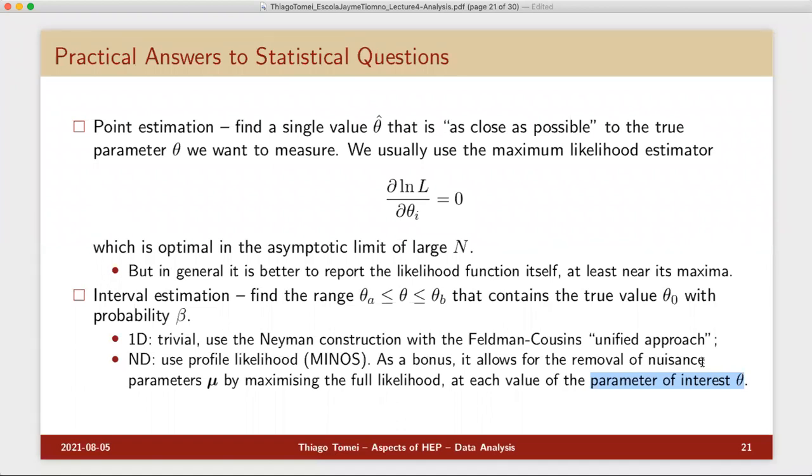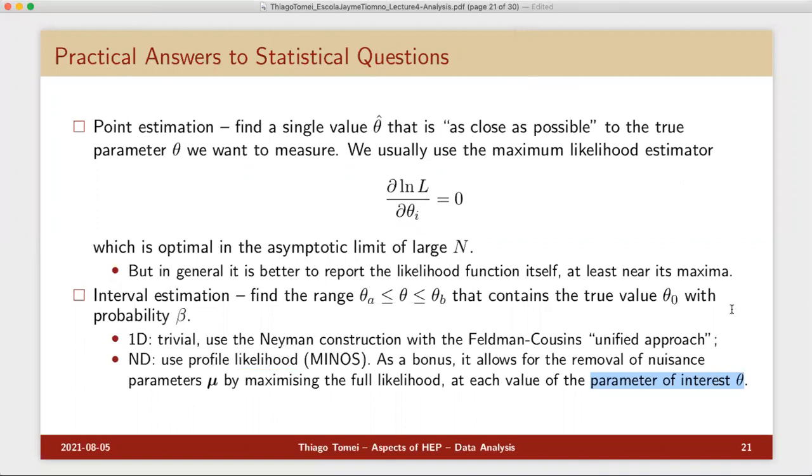And for each of these sets of parameters that you care about, you maximize it with respect to all the rest, until in the end you get something which is only dependent on the parameters you care about. And this is the so-called profile likelihood method.